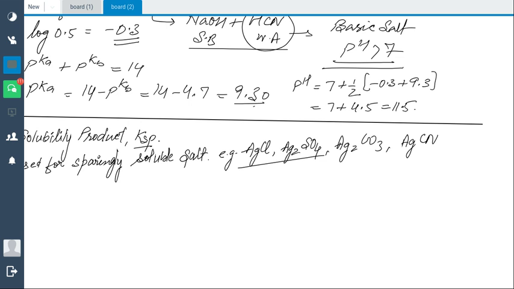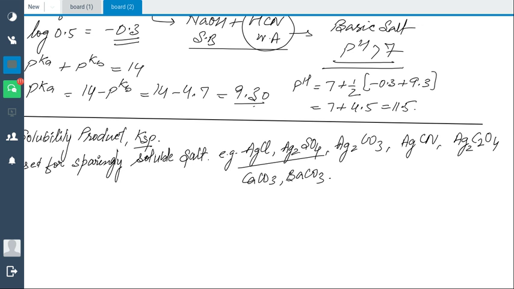Then CaCO3, BaCO3, all these are sparingly soluble.